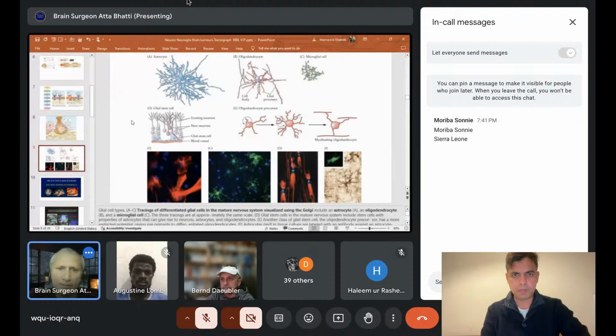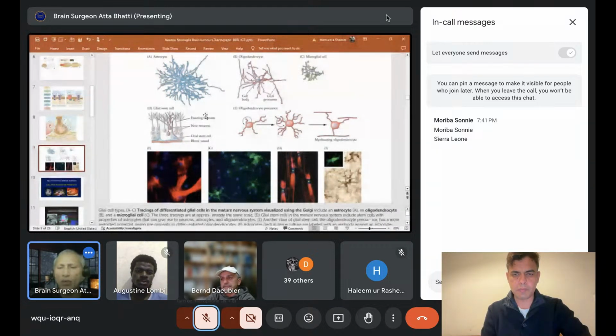Okay, so in this slide you are seeing the glial or supporting cells. The astrocytes look like that, oligodendrocytes, microglial cells. These are part of the nervous system, and they are not neurons, but they are the supporting glial tissue.